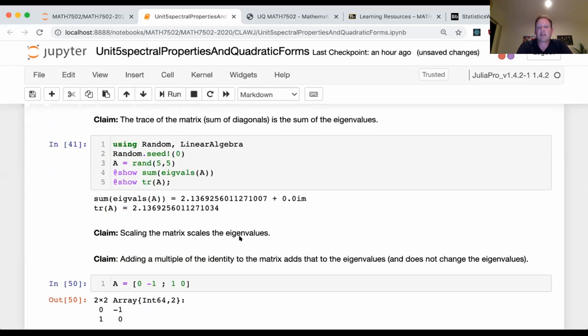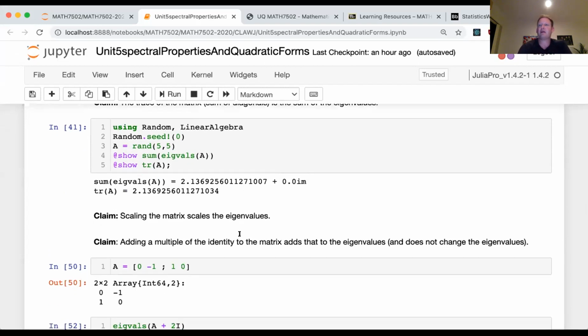By the way, what's an eigenvalue of a scalar? What's the eigenvalue of the number 7? The number 7 is a 1 by 1 matrix. What's its eigenvalue? So we've got an answer, 1, that the eigenvalue of 7 is 1.